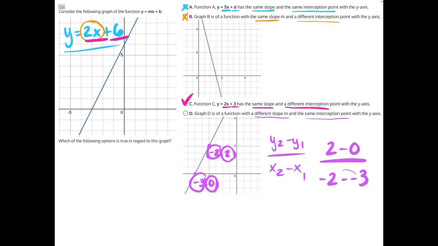Remember that subtracting a negative is the same as adding a positive. So we really have 2 minus 0, which gives us 2, over negative 2 plus 3, which gives us a positive 1. Overall, that gives us a slope of 2, which is the same as our original graph, not different, therefore making D incorrect and making C our correct answer.